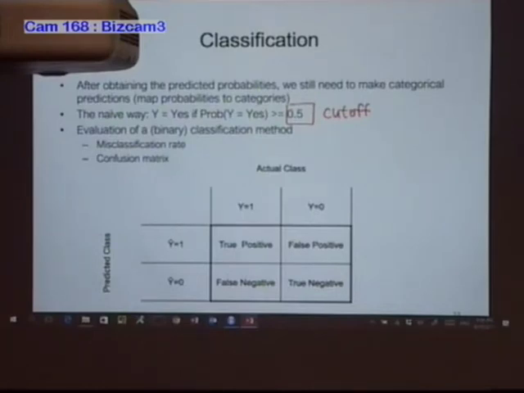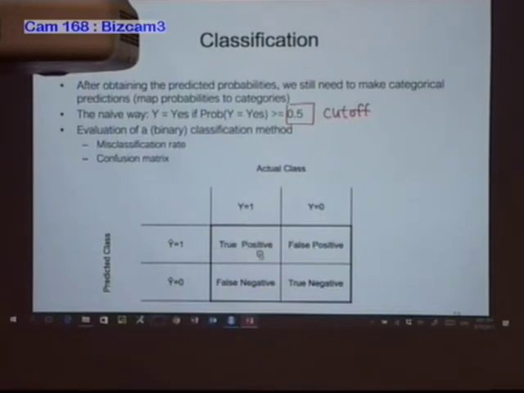A confusion matrix puts all the cases in a 2x2 matrix. This is the true Y, whether the guy has defaulted or not, and that's the predicted Y we put on each data point. If it's truly positive and we predict positive, that's a true positive.